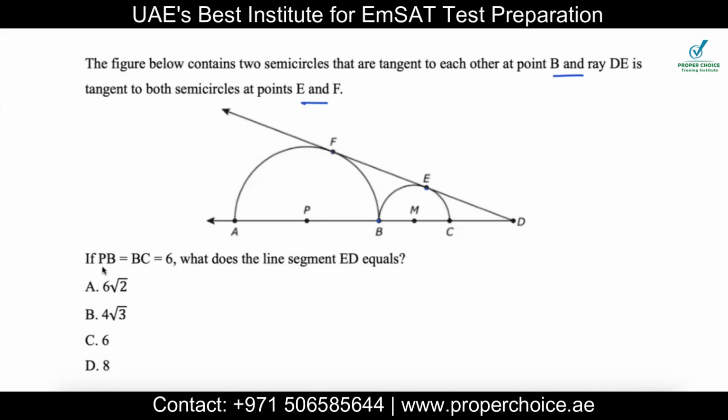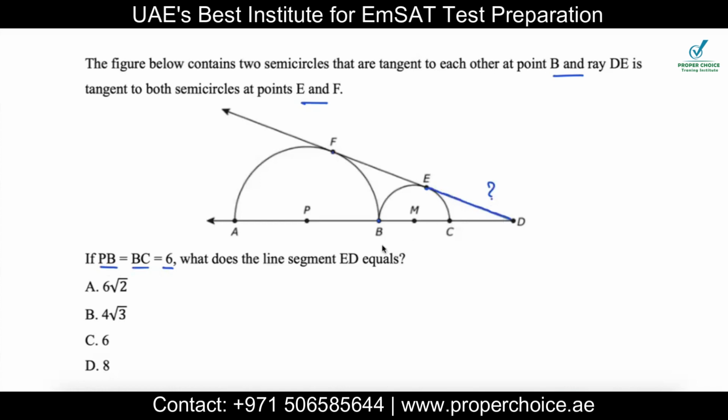The question is: if PB equals BC equals 6, what does the line segment ED equal? The question is asking us for the length of ED.